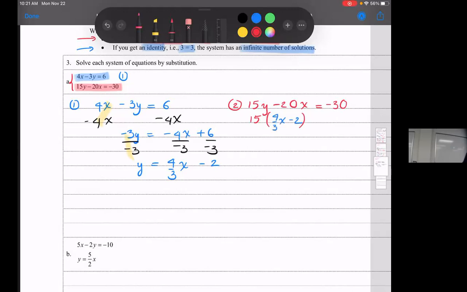Minus 20x equals negative 30. And then you distribute the 15. 15 divided by 3 is 5, 5 times 4 is 20, so that's 20x. And then 15 times negative 2 is negative 30, right? And then bring down the negative 20x, and bring down the negative 30 on the right-hand side.